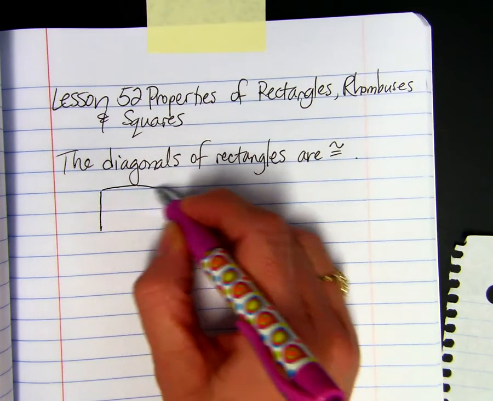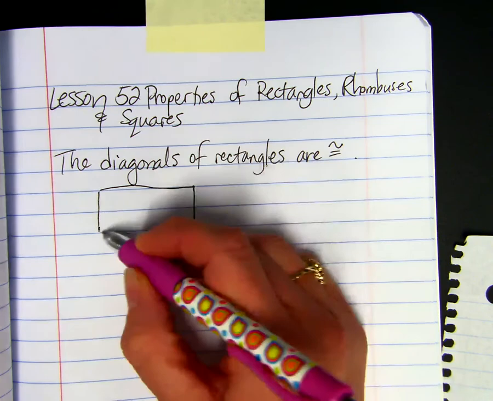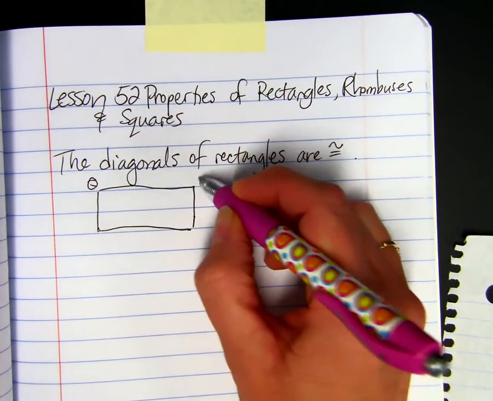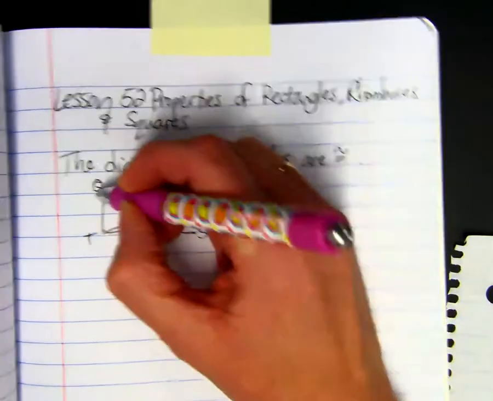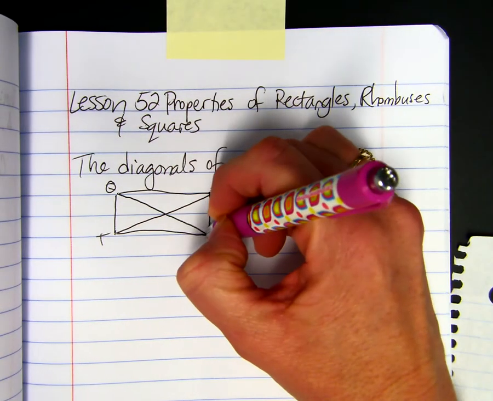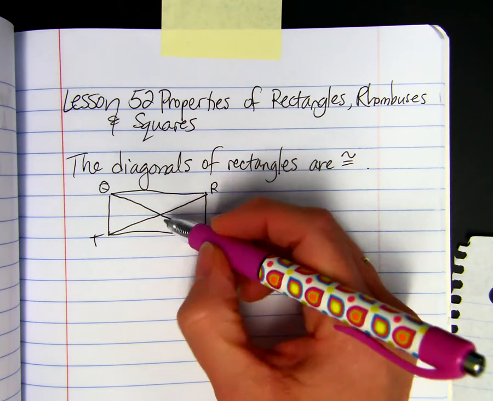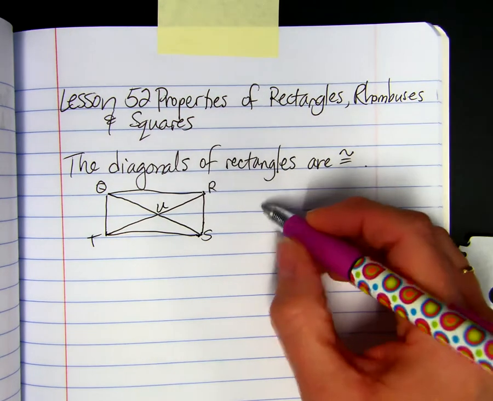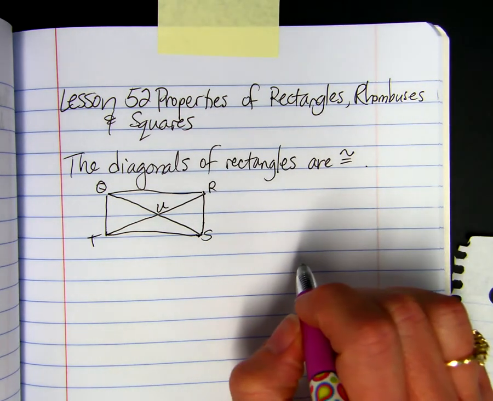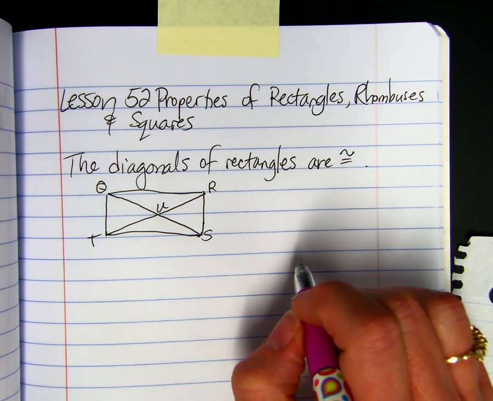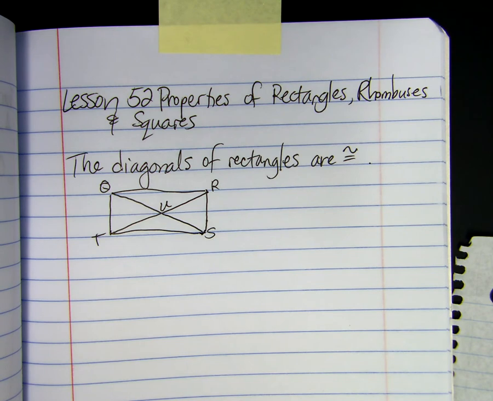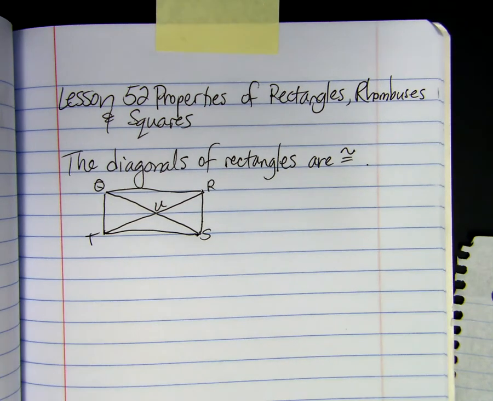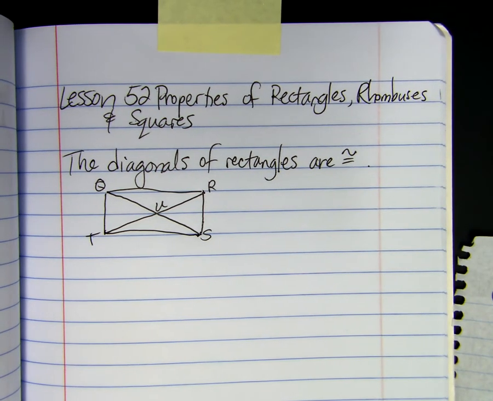Okay, so here's a rectangle, QRST. They meet at U. Wait a minute, my example is saying more than just congruent.